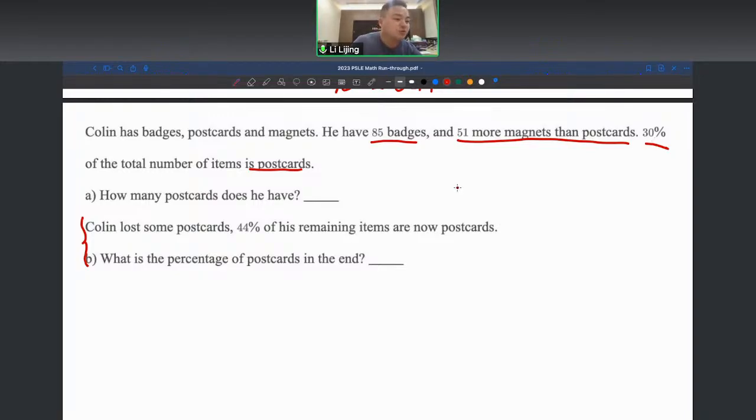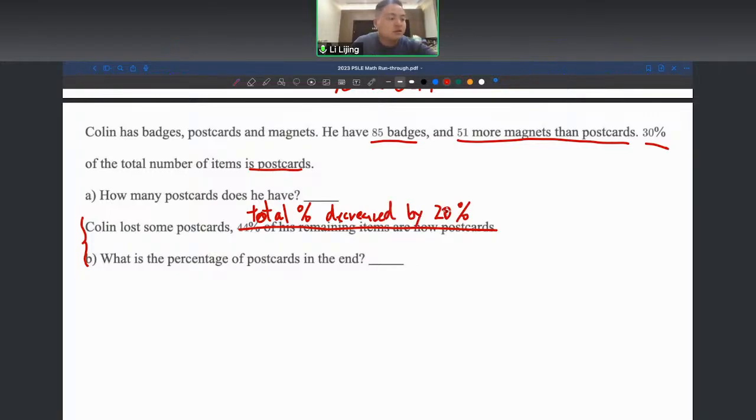I don't know what exactly the question is because this is just a memory from the student.